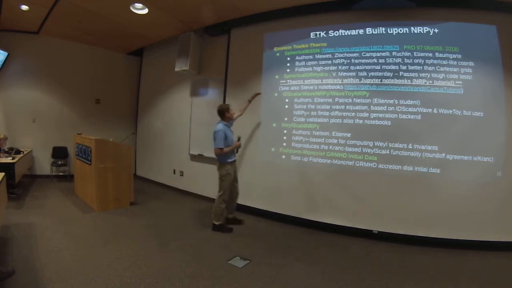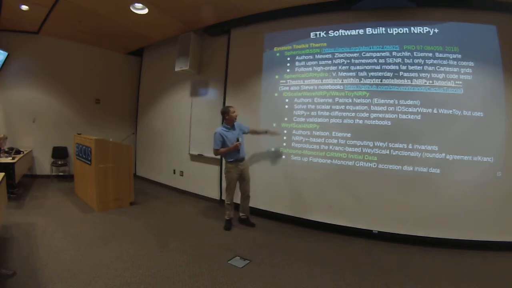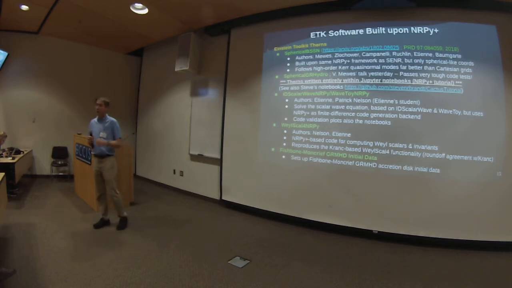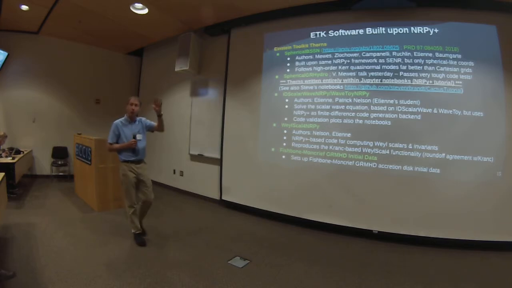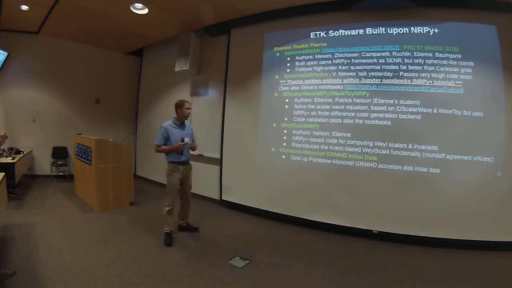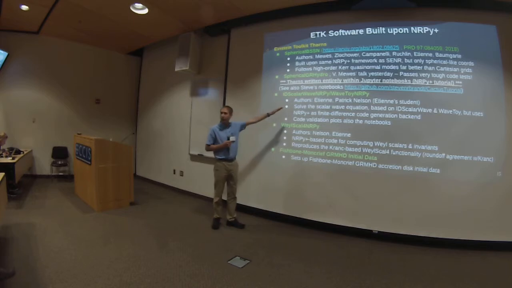Now, below this line are thorns written entirely in pedagogical Jupyter Notebooks, where you have LaTeX-formatted code documentation interspersed with code blocks, and we'll see that in a few minutes. We plan to do all of this in Jupyter Notebooks as well. So we have the simple scalar wave, sort of our hello world for Einstein Toolkit thorns.